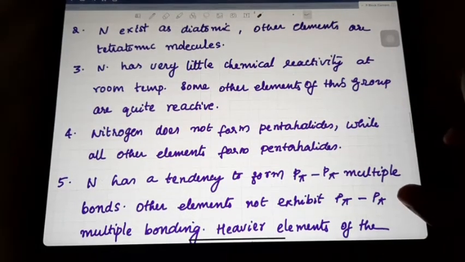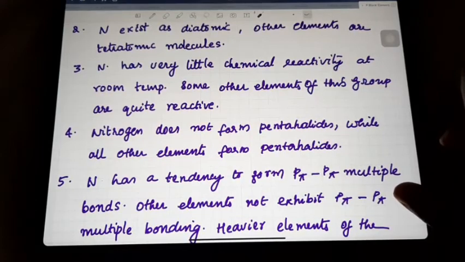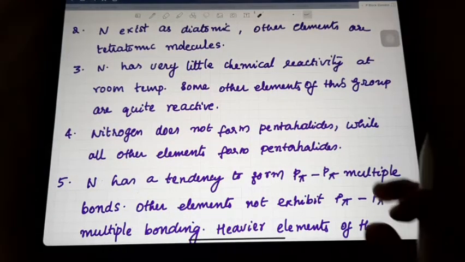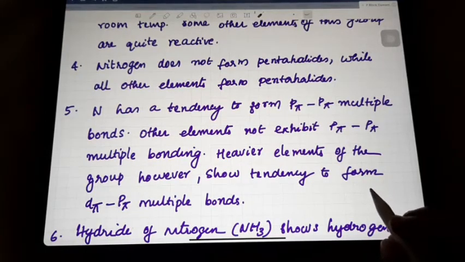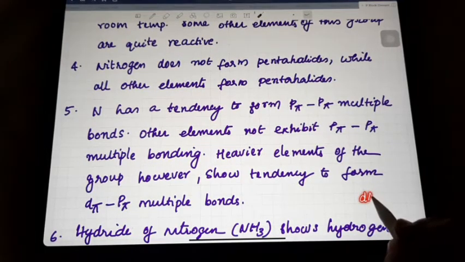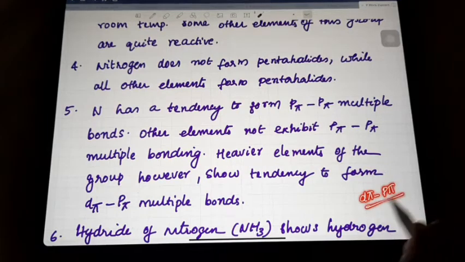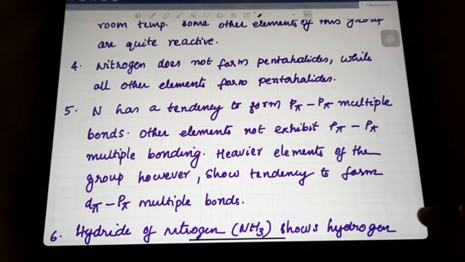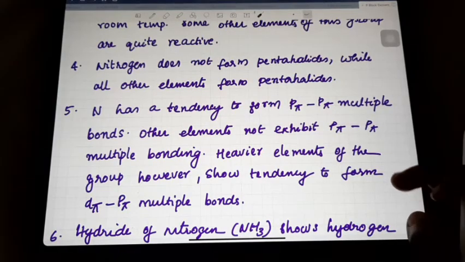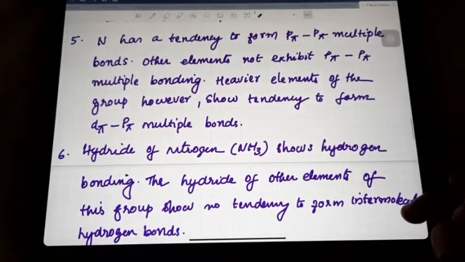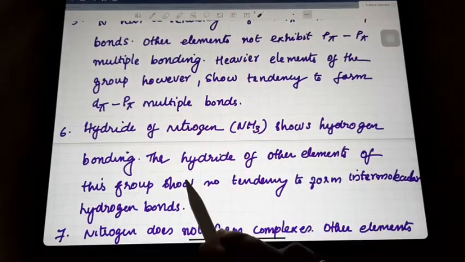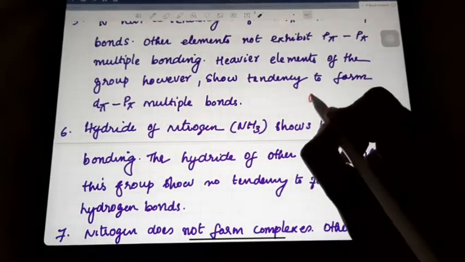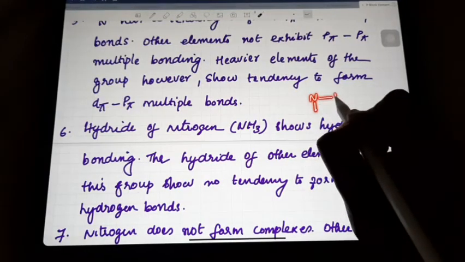Then nitrogen has a tendency to form p-pi multiple bonds. The heavier members of the group have d orbitals, so they have the tendency to form d-pi p-pi bonds instead of p-pi multiple bonds. So that's another difference. And next, the hydride of nitrogen, that means NH3, shows hydrogen bonding. How does the hydrogen bonding occur?